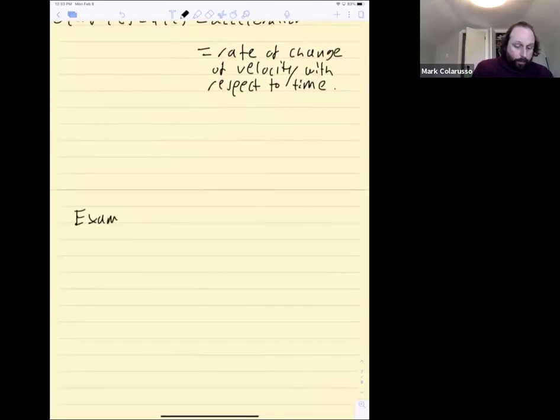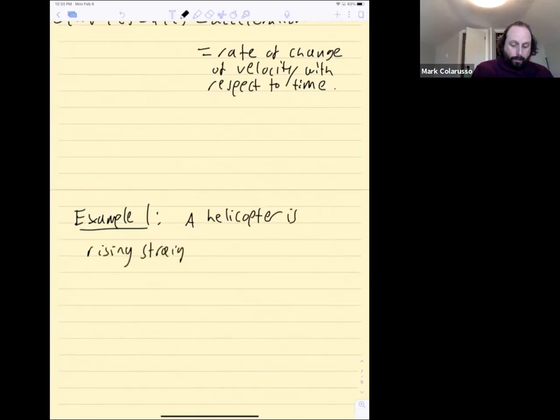So, first example. A helicopter is rising straight up in the air.